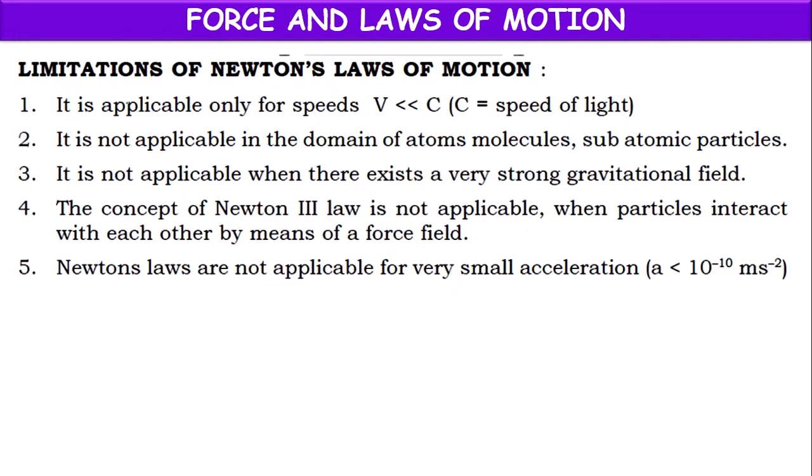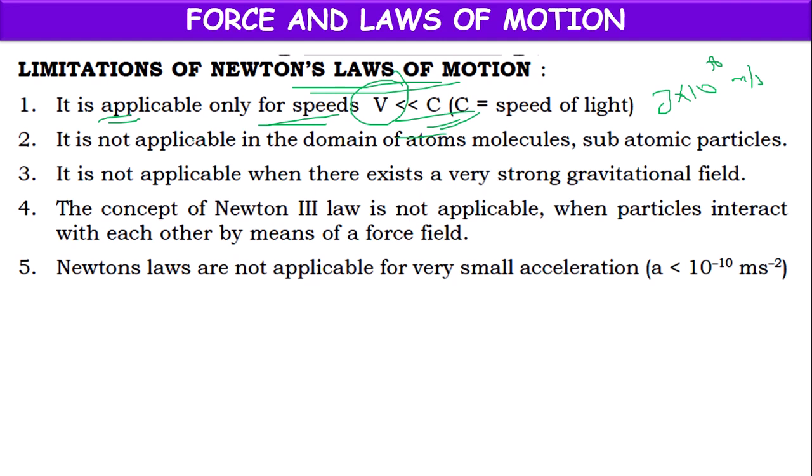Next one, limitations of Newton's laws of motion. There are some limitations for Newton's laws of motion, children. These laws are applicable only for speeds which are very much less than the speed of light. The speed of light is 3 into 10 power 8 meter per second, or 3 lakh kilometer per second.